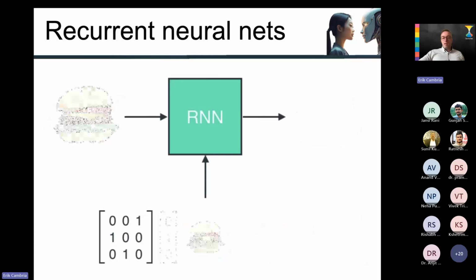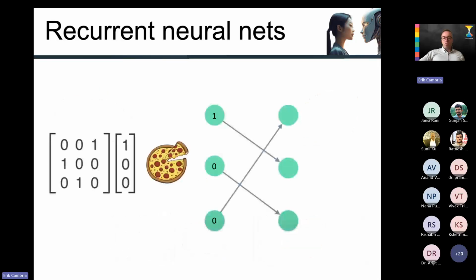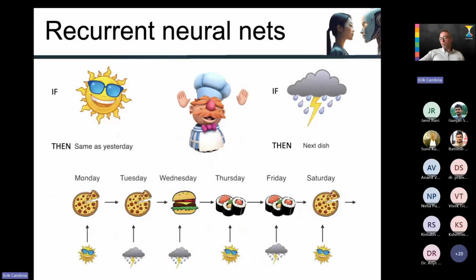Here, I'm not sure I understand your second question. It was again just an example. Before, I only had this person cooking a certain kind of food if it rains or if it's sunny, and here I have the same situation. There are some conditions, but there's also the sequence to keep in mind. If it's sunny, I cook the same as yesterday, and if it's not, I go to the next dish.